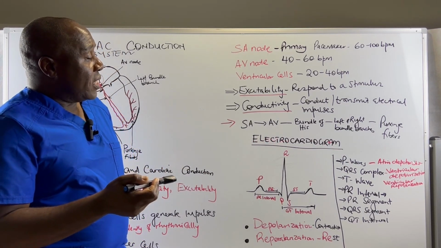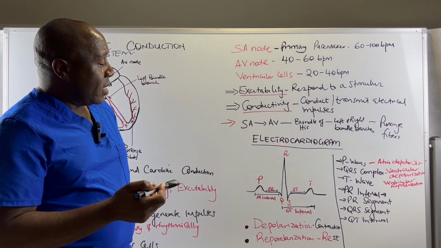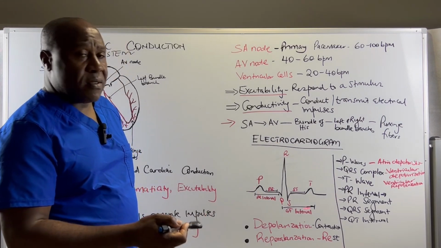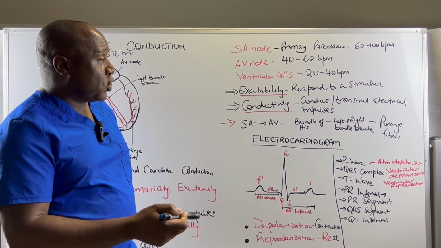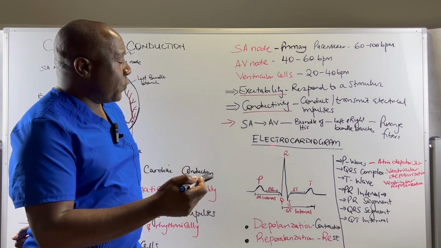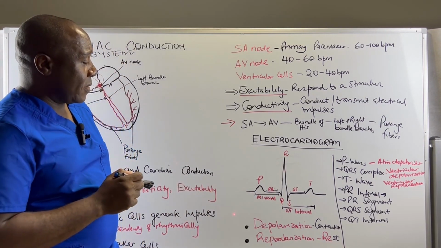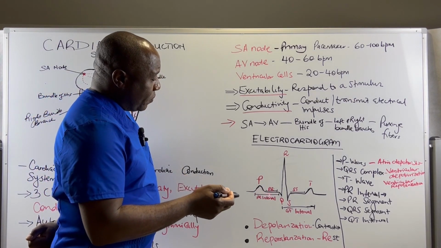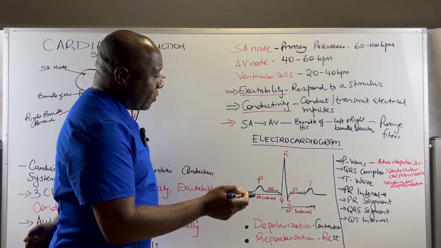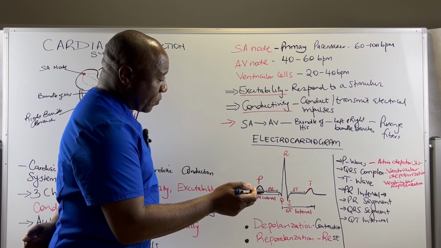This electrocardiogram is a series of waves that denote the position of the electrical impulse at different places within the heart. So we have the P wave, the QRS wave, and the T wave.